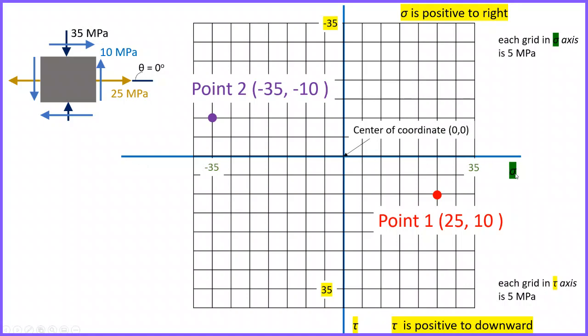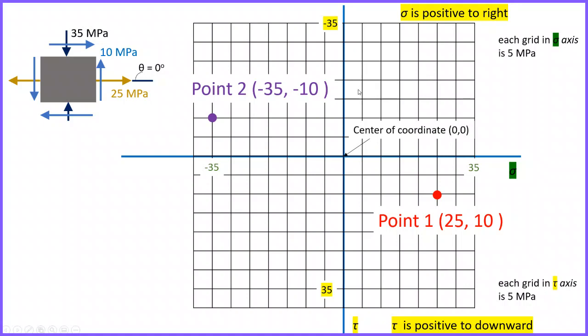horizontal axis. This horizontal axis is stress, and this vertical axis is shear stress tau, and each grid in the sigma axis is 5 megapascal. So this is 5, 10, 15, 20, 25, 30, 35, and similarly in this way minus 5 all the way to minus 35, and sigma is positive, as we discussed in our last lecture.